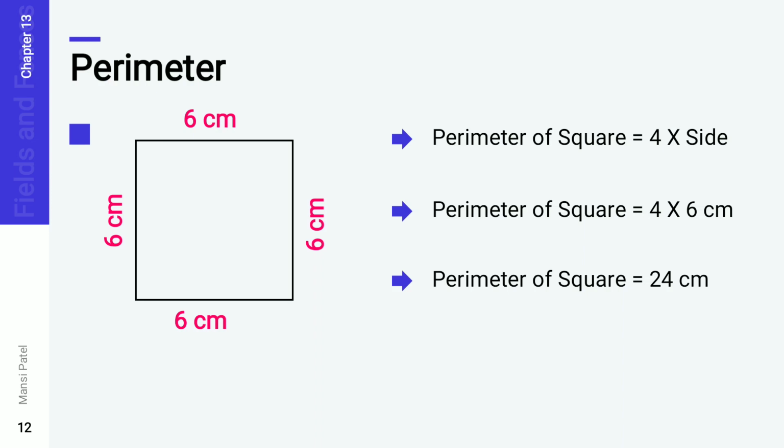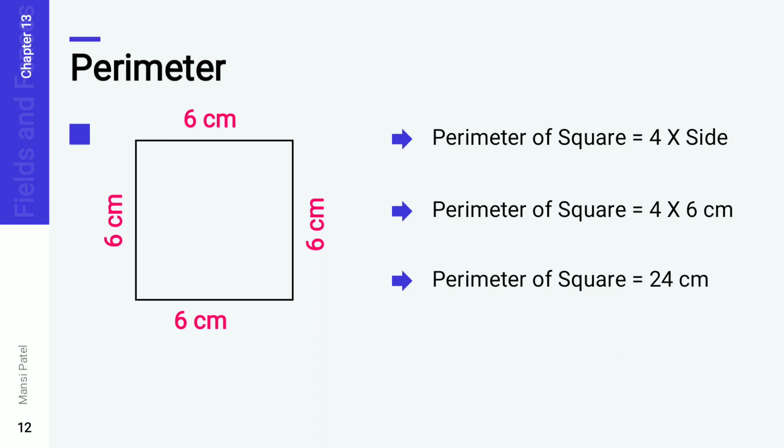You can see in 3 steps we are getting the answer, whereas in our previous sum we were doing many steps. So whenever you solve any sum by the formula, it's quite short for you. So use the formula whenever you have to find out the perimeter of a square and perimeter of a rectangle.